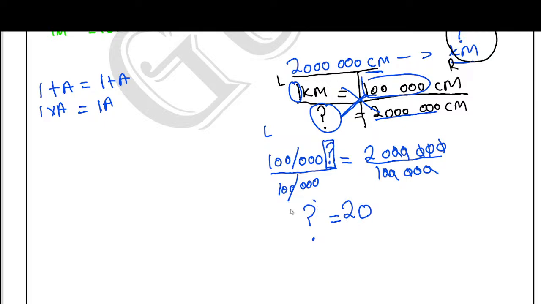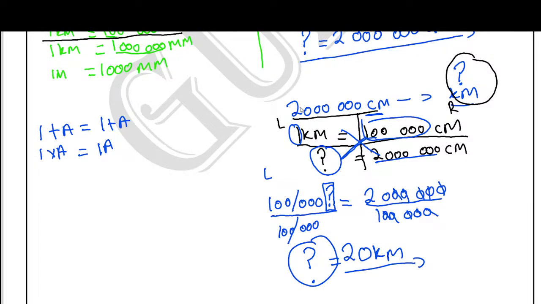What does this question mark represent? This question mark represents the side of the kilometers, meaning that this is 20 kilometers, meaning that our missing value is 20 kilometers. That means that these 2 million centimeters is equivalent to 20 kilometers.